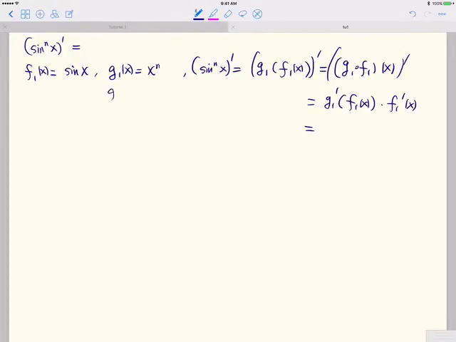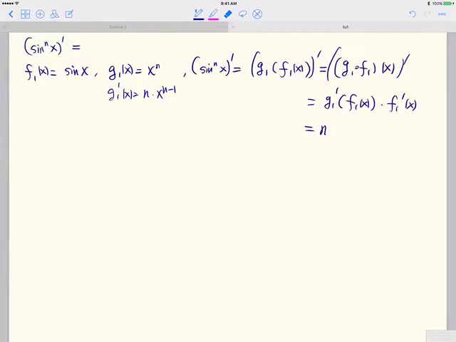Okay, g1 prime x is just equal to n times x to the power of n minus 1, right? Oh, I'm sorry. This is the derivative of g1 at the point x, but now we are at the point f1 x, so we have to replace this x by f1 x, right? Because this is our input.